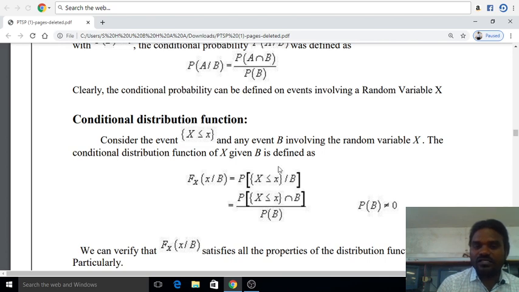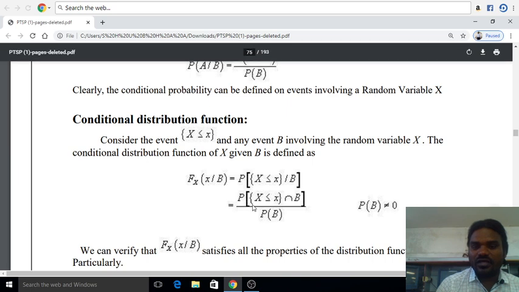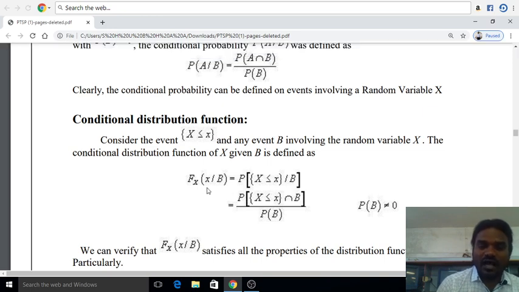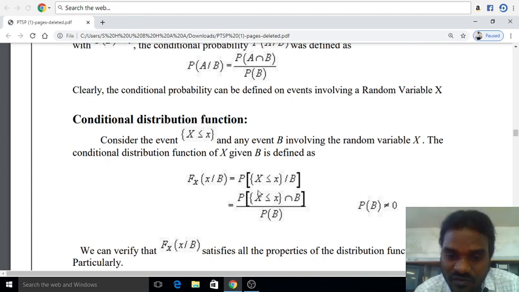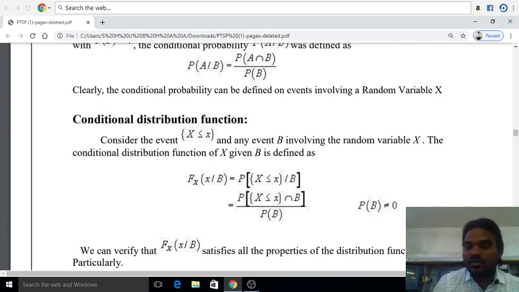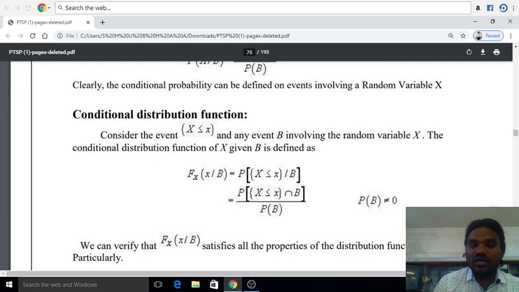So the conditional distribution function is Fx(x|b) equals probability of X less than or equal to x intersection b divided by probability of b, because we are considering probability of b only, so probability of b should not be equal to 0.